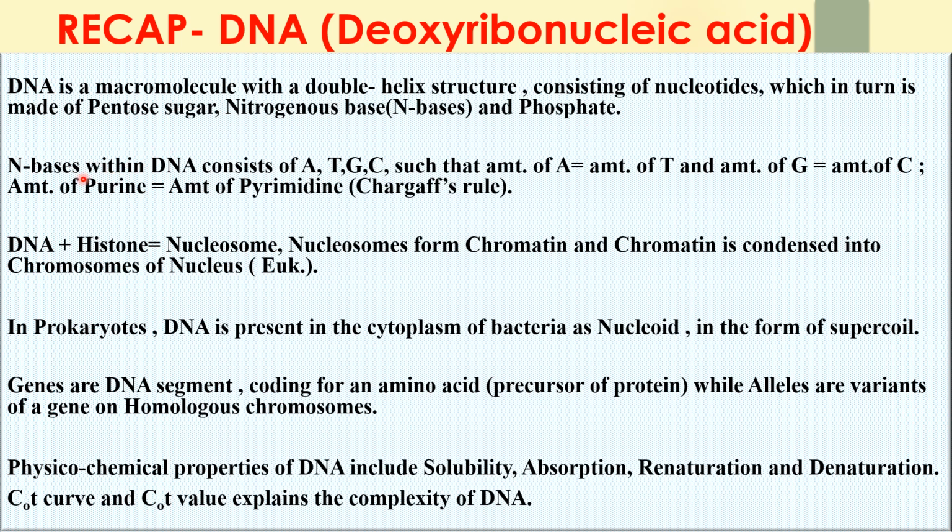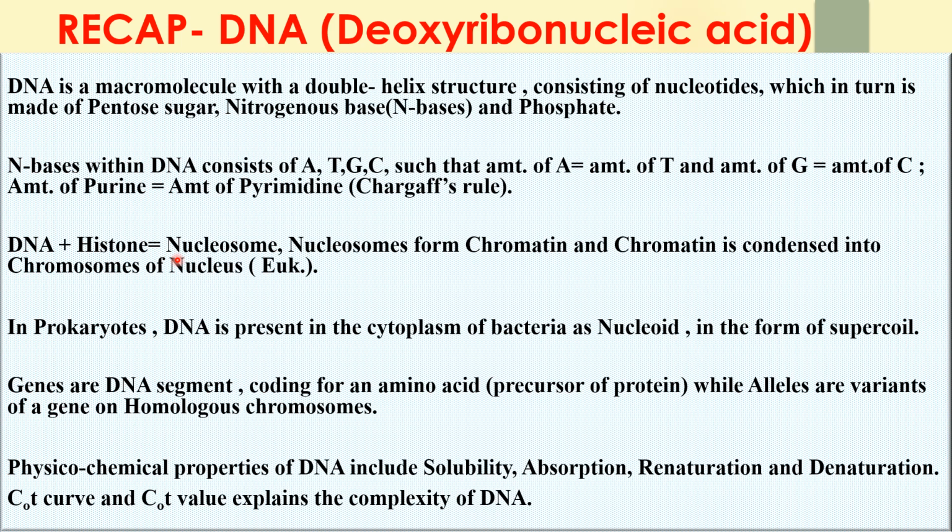The N bases within the DNA consist of A, adenine, T, thymine, G, guanine and C, cytosine, such that the amount of A equals the amount of T, and the amount of G equals the amount of C. The amount of purines, adenine and guanine, is equal to the amount of pyrimidines, cytosine and thymine.